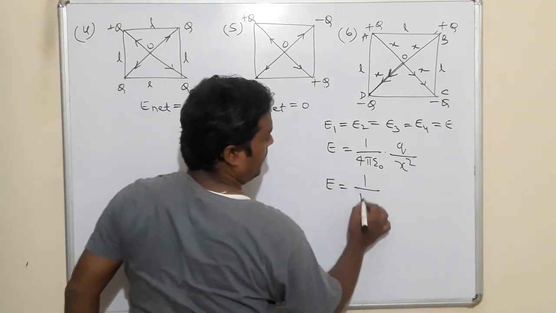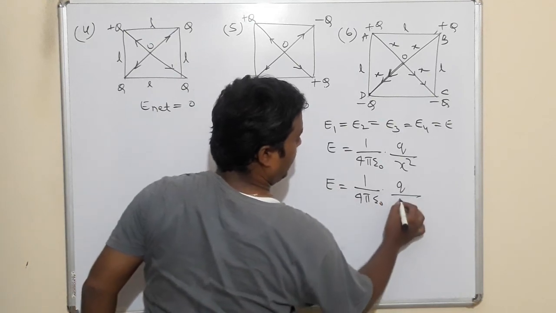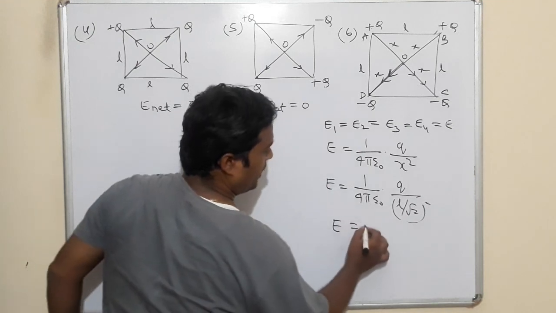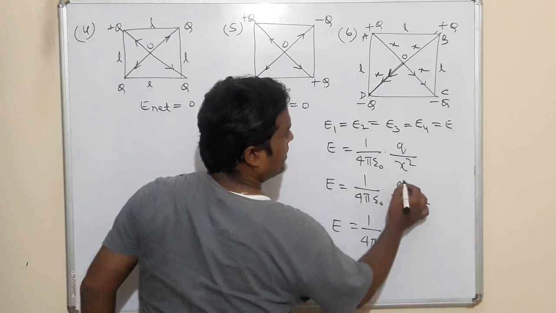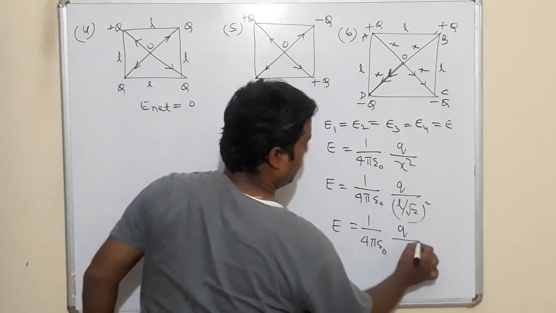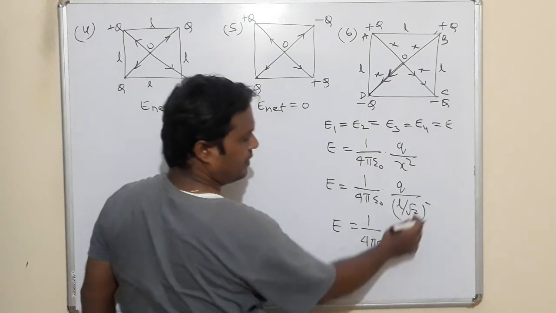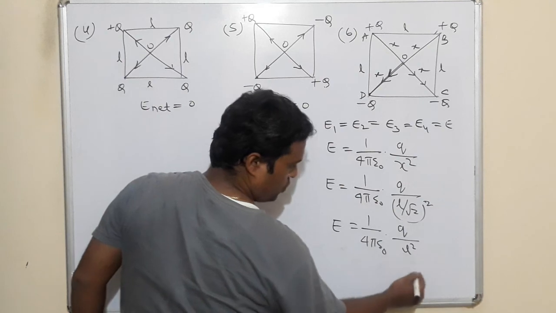Then the field will be 1 by 4 pi epsilon naught, Q square divided by L by root 2 whole square. Then each field will be equal to 1 by 4 pi epsilon naught, this is Q, okay. Then I can write this as L square, and here I should write 2.